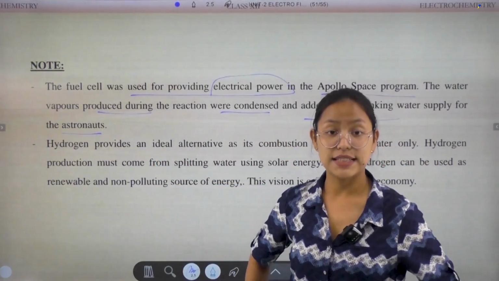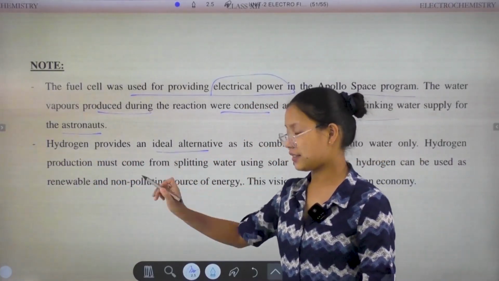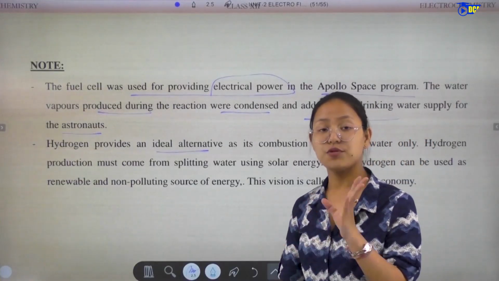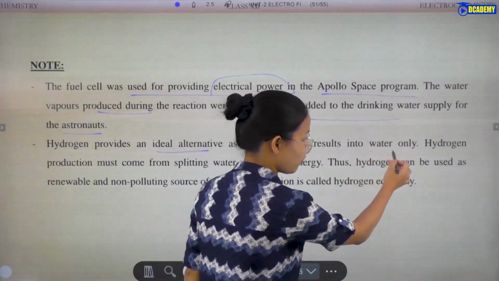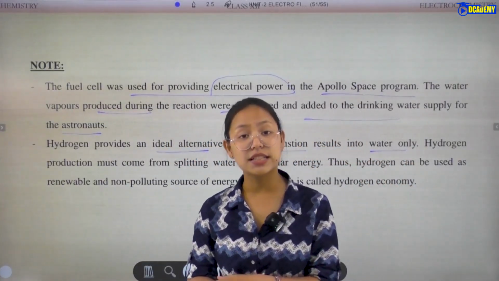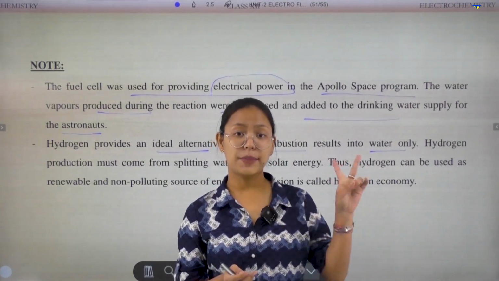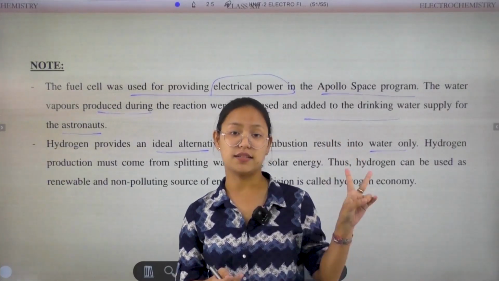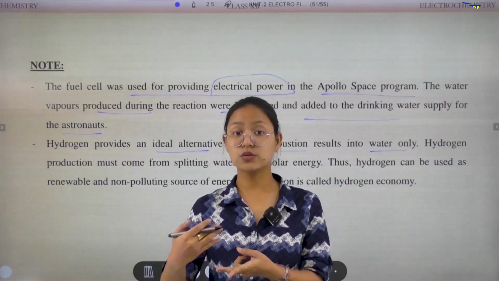Next key point: hydrogen provides an ideal alternative. Hydrogen provides an alternative source. Its combustion results into water only. In space, the reaction of hydrogen with oxygen can produce two types of products, mainly water and hydrogen peroxide, and we mainly prefer to produce water.